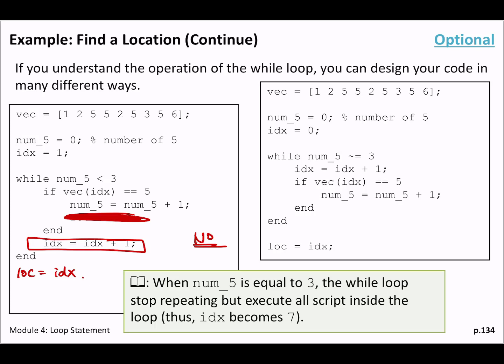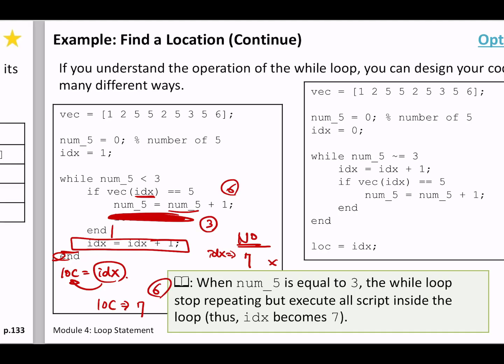For instance, here, idx is 6 and num5 is 3. And then this doesn't drag you to the end. You can run up to the end. So idx becomes 7, not 6. So if you assign this idx to the location, the location value is 7, not 6.